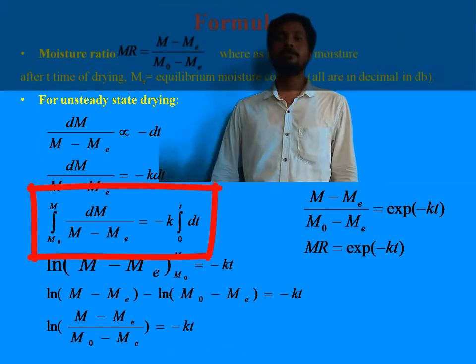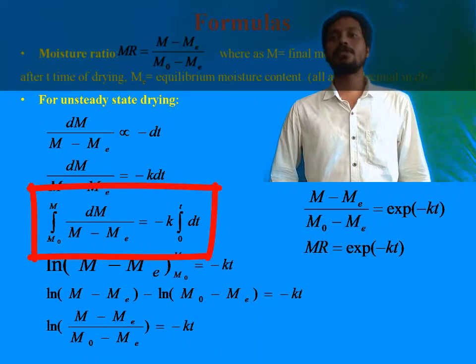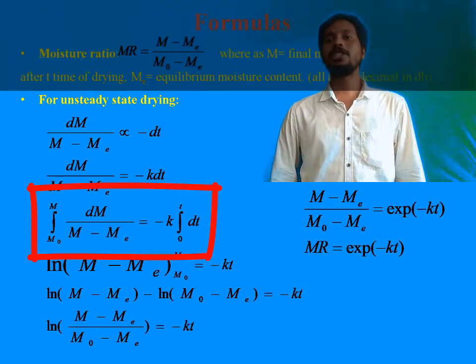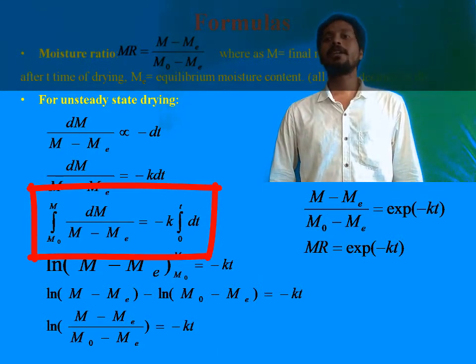In the next line we have integrated from initial moisture to final moisture. The initial moisture is m0, and the final moisture after T time of drying is m.